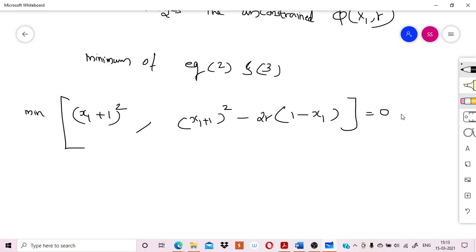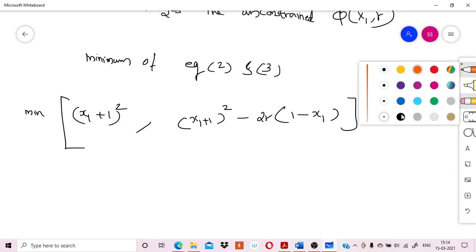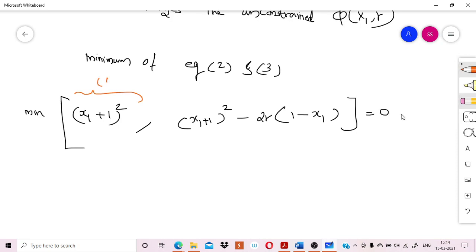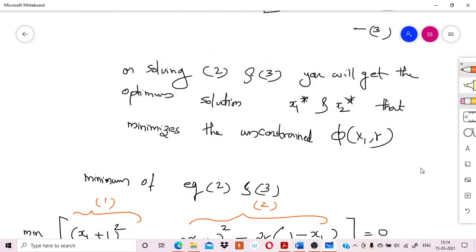So minimum of these two, that is minimum of the first term and the second term. Okay, if the first term is minimum, then if you consider that, you will get x1 plus 1 whole square equal to 0. That means x1 is equal to minus 1. So x1 is minus 1 means you are again violating the constraint.